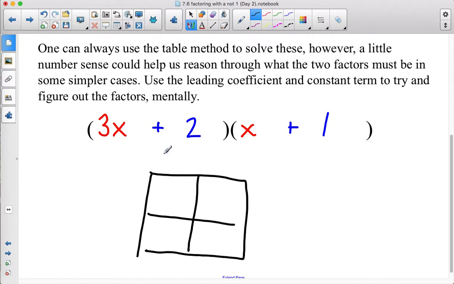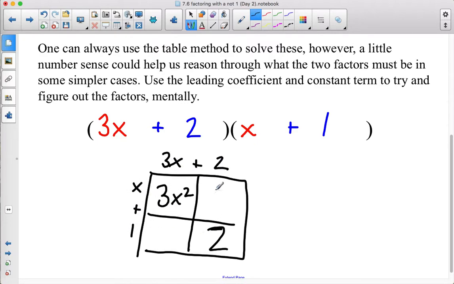I know this has to be 3x and x, because we know 3x squared is right here, and we know down here is our 2. Okay, we guessed maybe it was 3x plus 2 and x plus 1, and that matches.